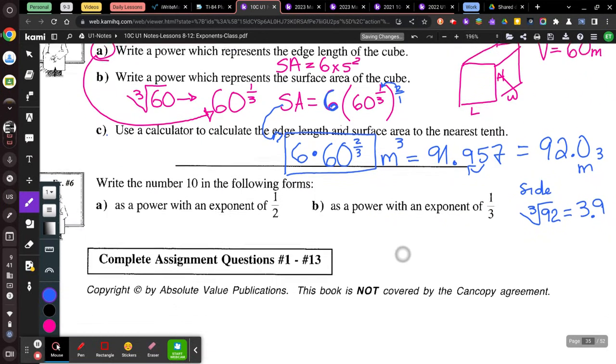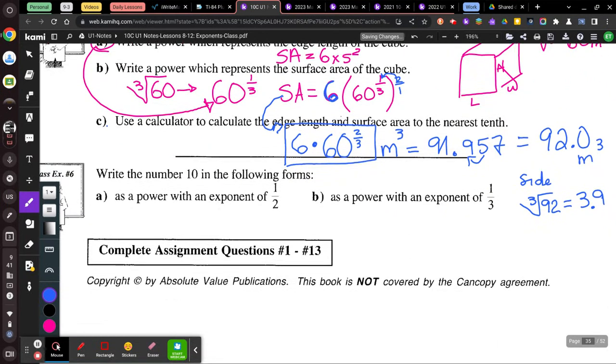All right, following the last one, write the number 10 as a power with an exponent of 1/2. Okay, well, I could just go 10 to the 1/2. I could go 1,000 to the 1/2.